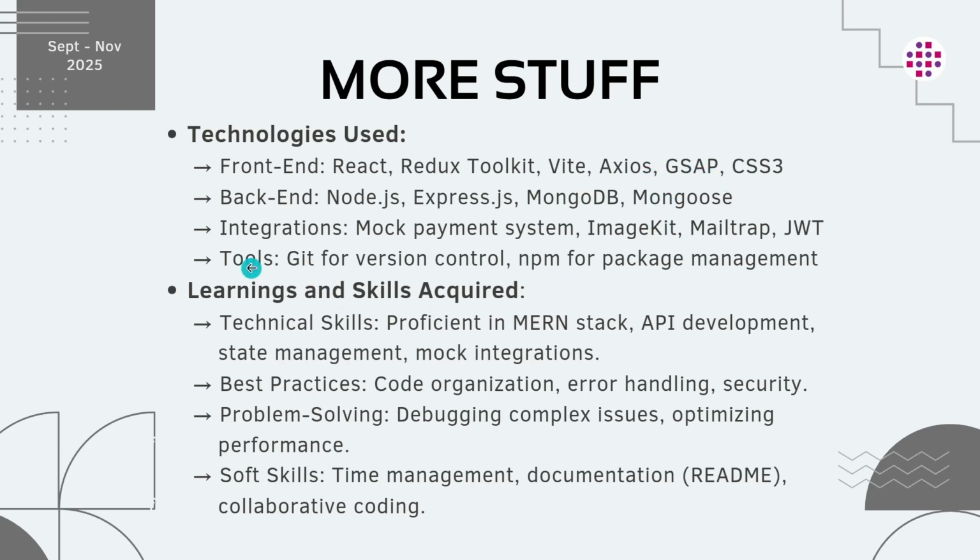Okay, now let's go further. Integration, basically the same thing that I talked about earlier. Then tools include Git and GitHub also. I use GitHub also. And NPM means Node Package Manager for package management, basically installing and deleting or running the application.